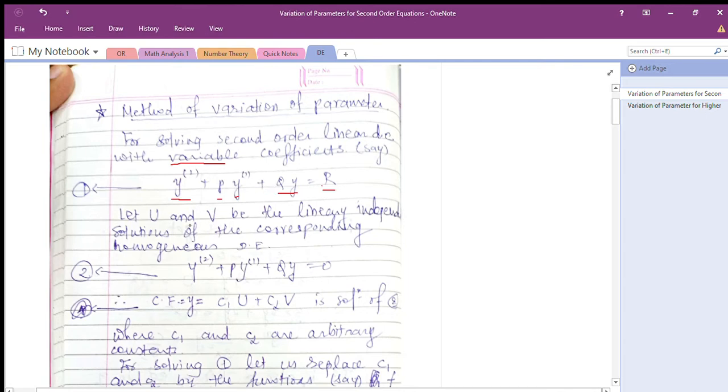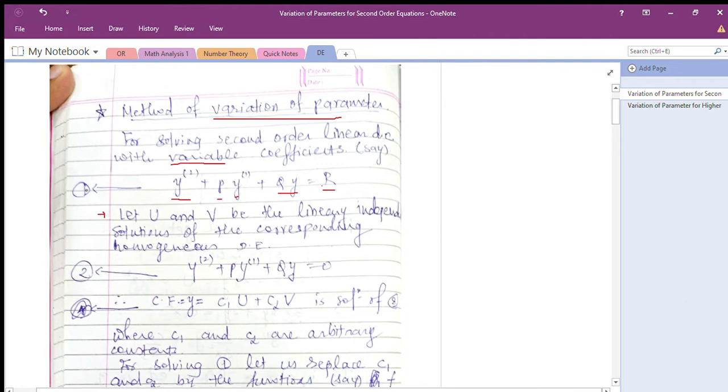The procedure for solving this type of linear differential equation using the method of variation of parameters is to follow these steps.